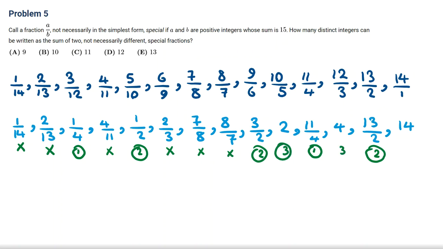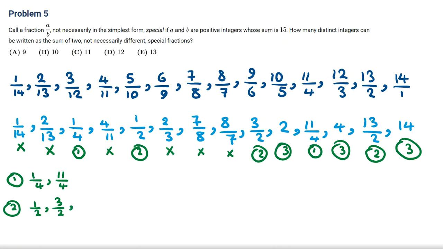Third part, all of them are in. So in the first part we have 1 over 4, 11 over 4. In the second part we have 1 over 2, 3 over 2, 13 over 2.